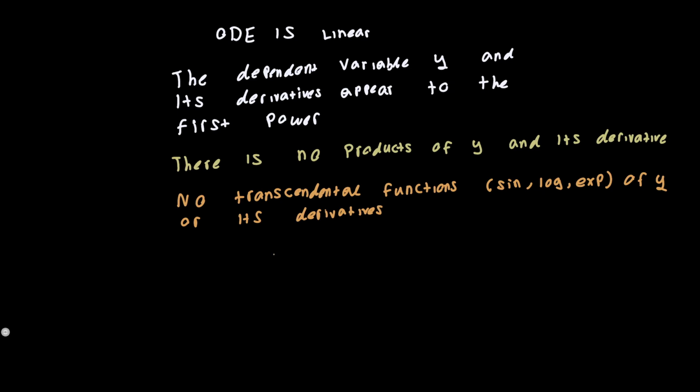So what this means is that, again, we're going to use the same example. y prime plus y is equal to 0 is linear.